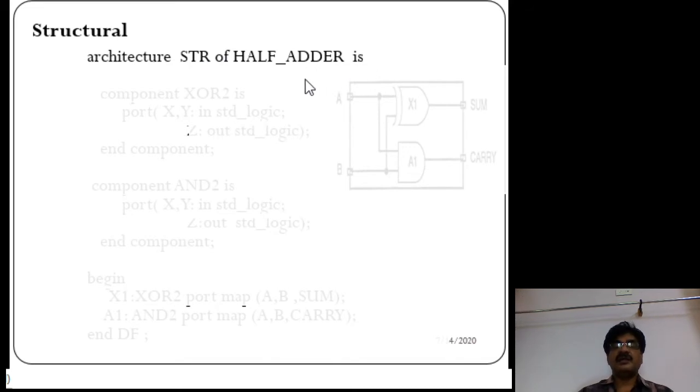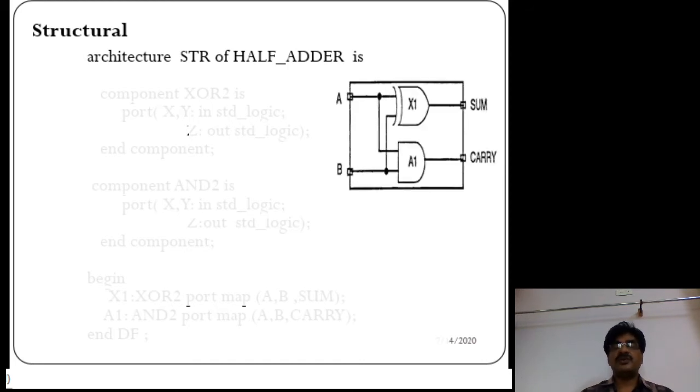Then in the structural style of modeling, a minimum of one declaration is a must. That is the component declaration. So in the structural model, before writing the program you need to identify how many different types of components are available in the logic diagram.